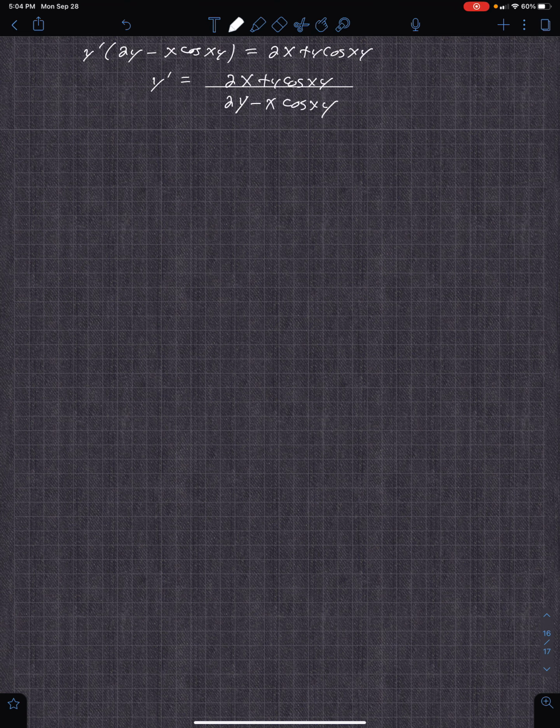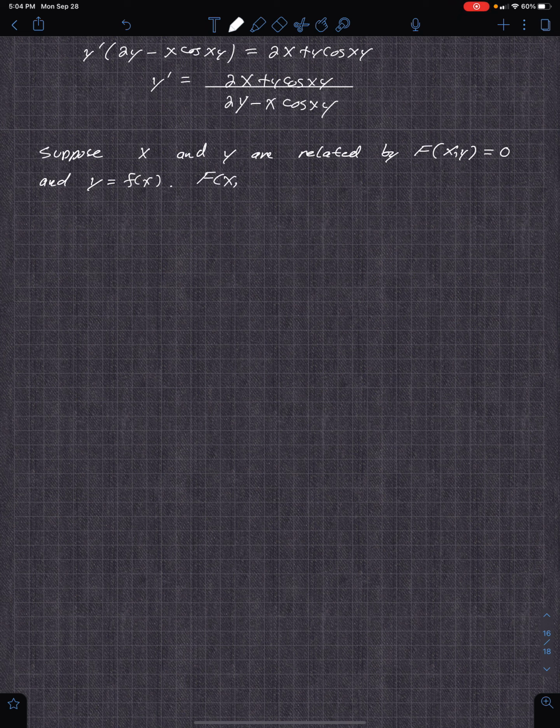Just check it out. So suppose x and y are related by capital F of x, y equal to 0, and y is equal to f of x. How we write that then is we say F of x, y is equal to y minus f of x is equal to 0.